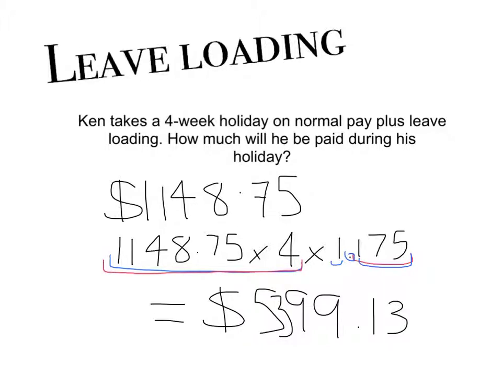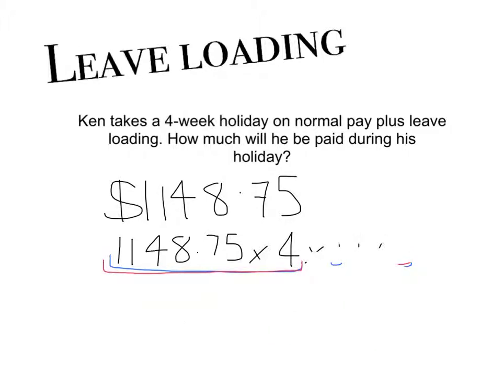5399.125, so $5,399.13. Okay? That means that if Ken took a 4-week holiday on normal pay plus leave loading, he'd get $5,399.13. If, for example, he didn't take that, so if he didn't have that 17.5% extra loading, he would only get $4,595.